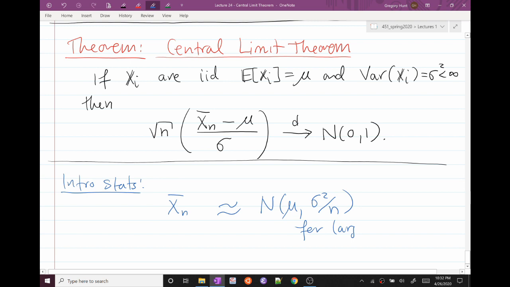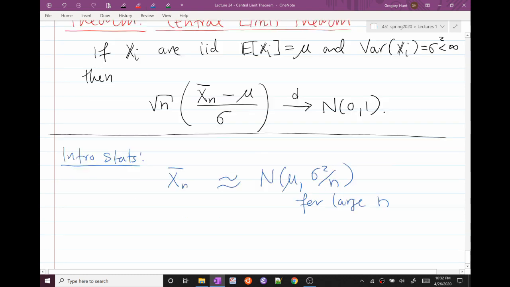They're kind of vague about it. That's not a very mathematically precise statement. What does it mean for something to be approximately distributed as? What they really mean is what we wrote, which is that if I look at root n times Xn bar minus mu over sigma, that thing should be approximately normal. That thing should converge in distribution to a normal 0, 1.